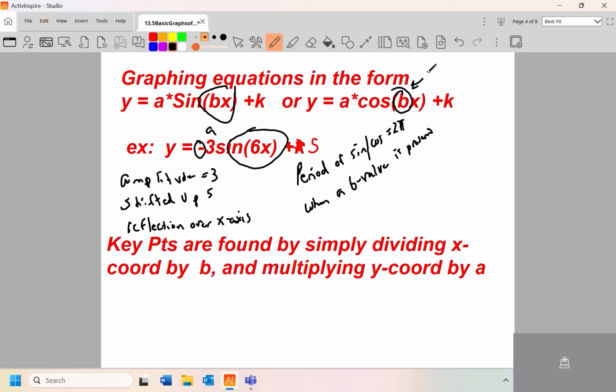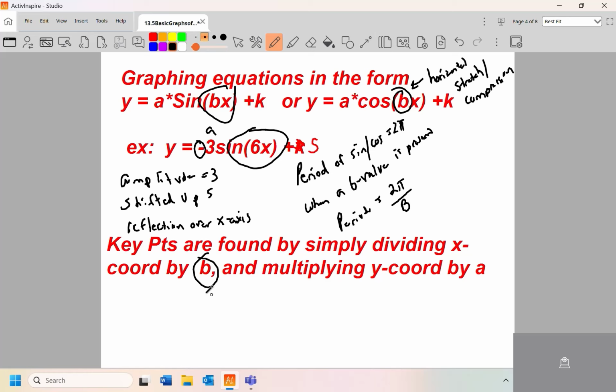That's what b does. It's a horizontal stretch or compression. So when a b value is present, your period changes. Your period is 2 pi over, I'm going to use uppercase B. And the key points are simply found by dividing the x-coordinates by b.